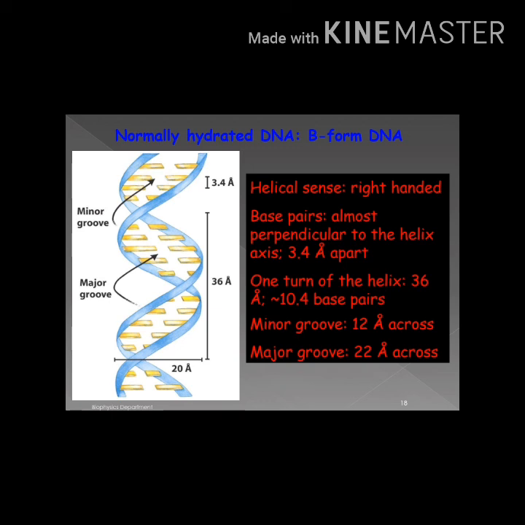That is, suppose the first strand is in 5 prime to 3 prime direction, so the next complementary strand must be in 3 prime to 5 prime direction. Then only they will form a perfect complementary conformational structure, which will give a more functional and stable structure to the DNA double helix.